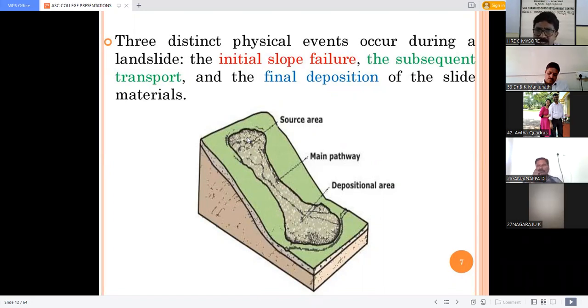So this is the initial stage where the failure problem starts. If the same block, a few years later, may lose 20 to 30%, the land morphology will definitely change. Subsequent transportation: some parameters of the morphology of the beginning layer of the strata, or the layer of the beds, change.